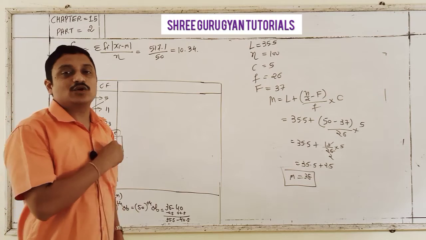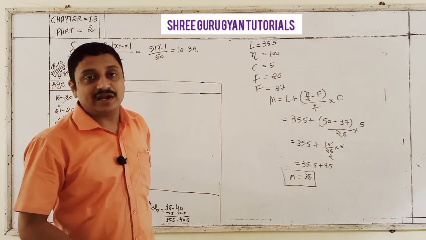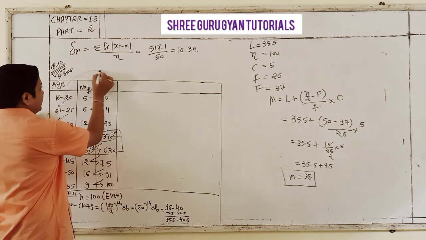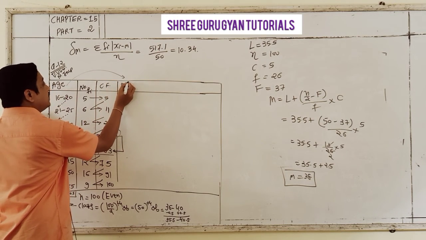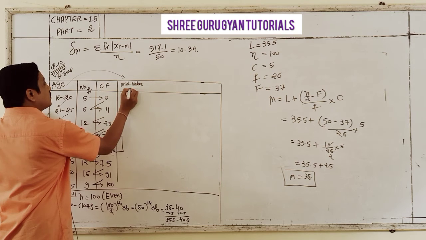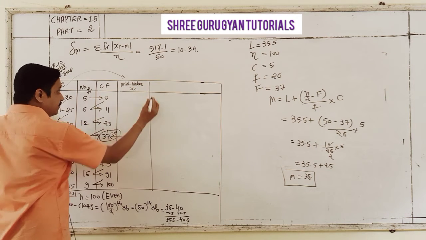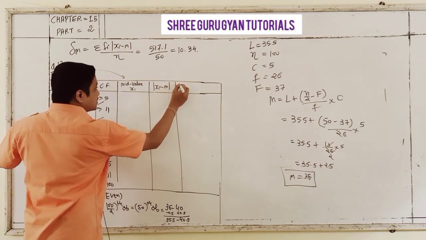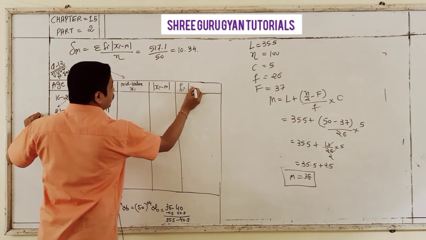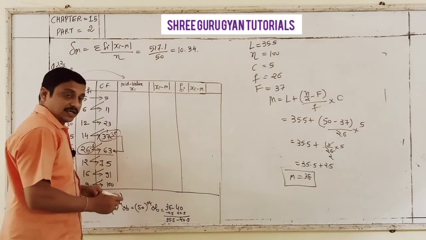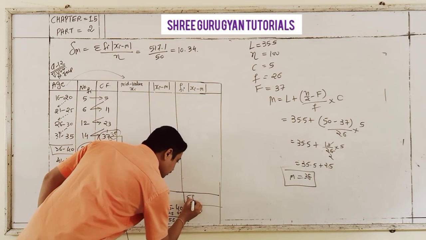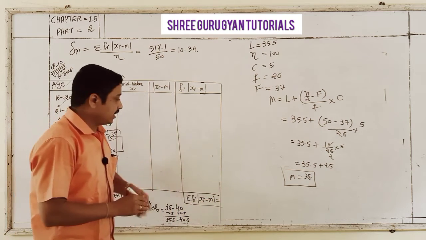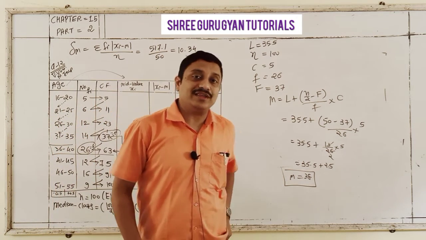So now I start my big process to find the median deviation formula. Here first define the mid value, or central value, xi. After that I will prepare |xi minus m|, and last prepare fi with |xi minus m|, and here I will get the final sigma fi |xi minus m|, and decide your final answer.